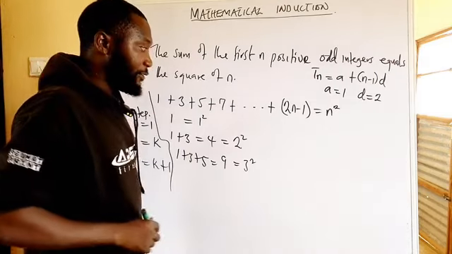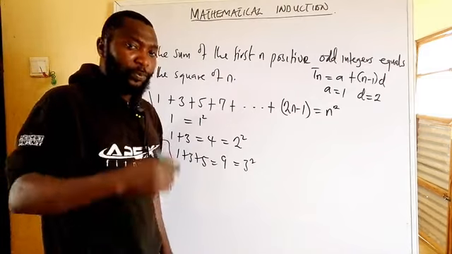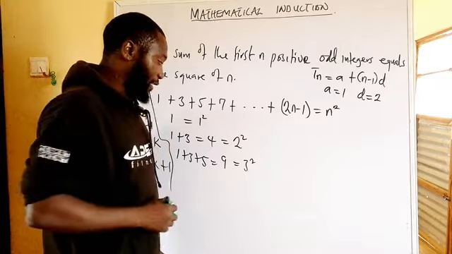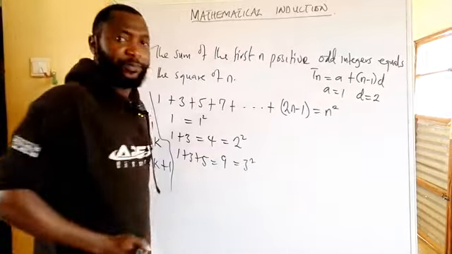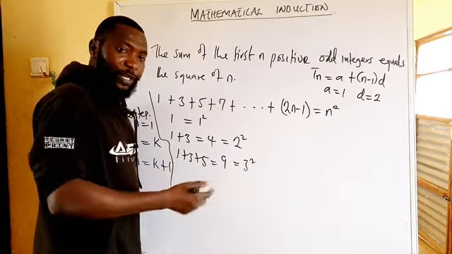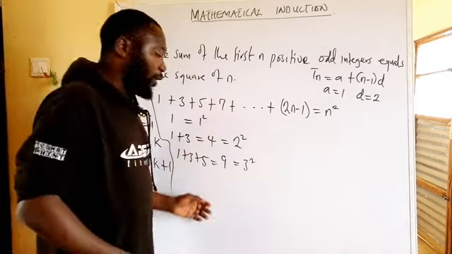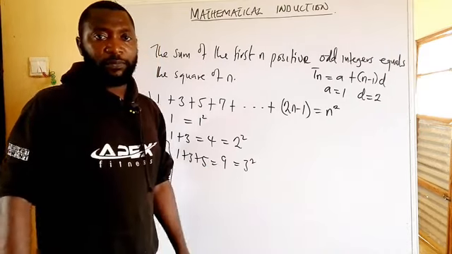That is what I mentioned earlier, that we use mathematical induction to prove the generality rather than individual cases. For individual cases, we can see that this statement is true, but you can't just conclude that because you tested 1, 2, 3. What if you test 110 or 1010 and the statement is not true?